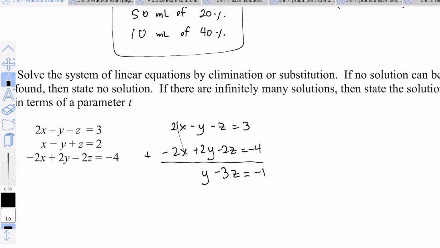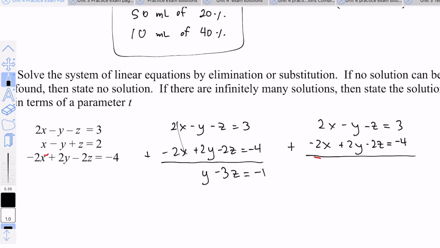Now I'm going to take the top equation again, and then I'm going to take this middle equation here and multiply it by -2. So I can eliminate the same variable.